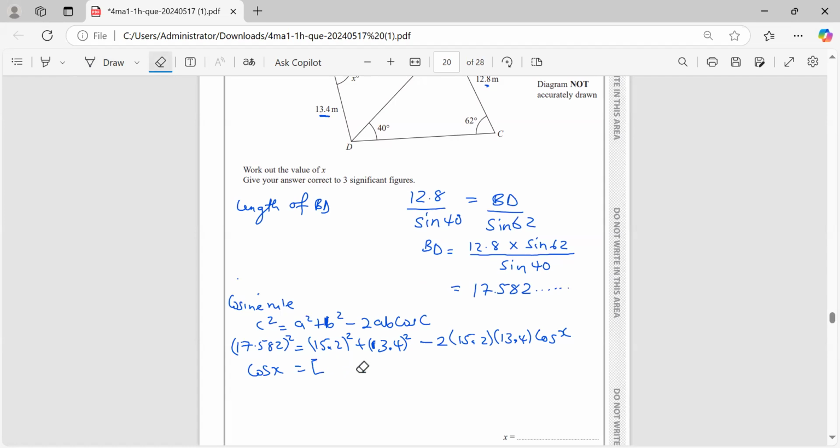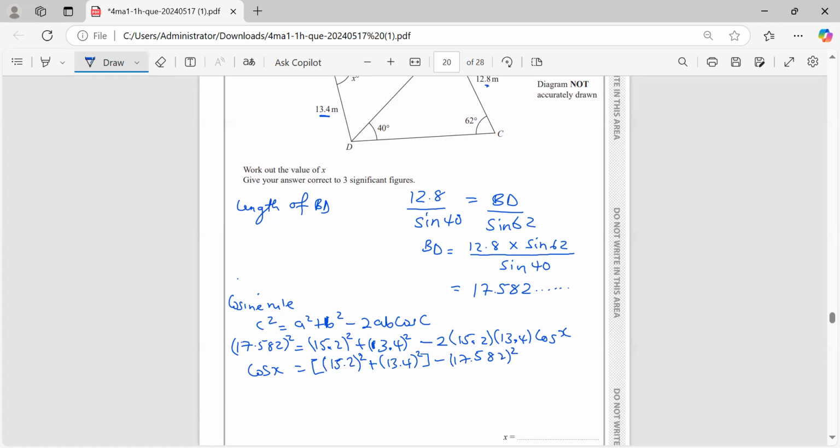So it's actually the total that we're going to get from squaring these two, 15.2 squared plus 13.4 squared, right? Then you subtract 17.582 squared.